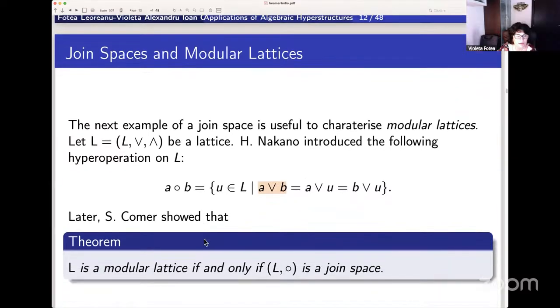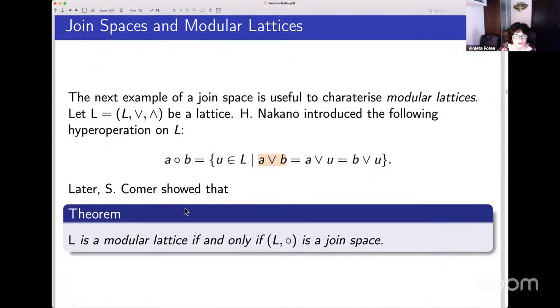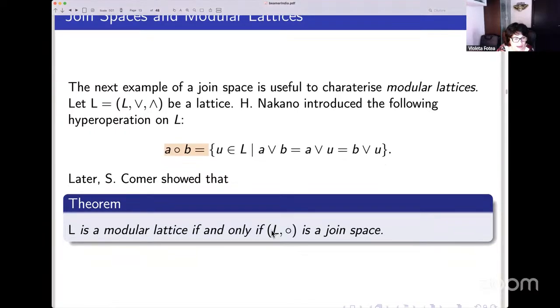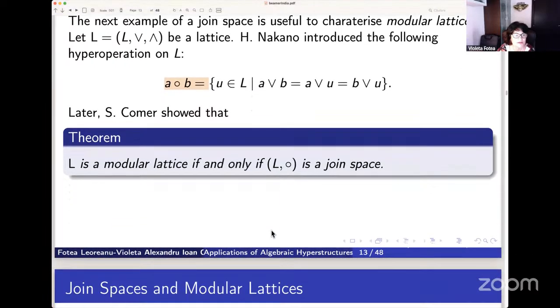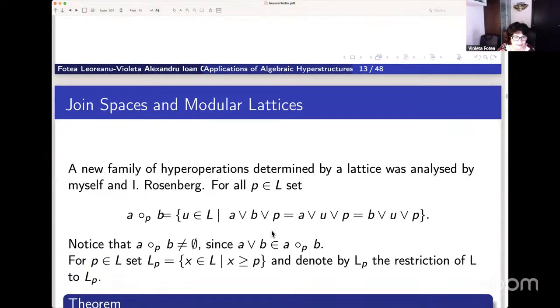And an American professor, Comer, showed later that L is modular if and only if we obtain a Jones space using this hyperoperation. So Jones spaces are useful in order to characterize these types of modular lattices.